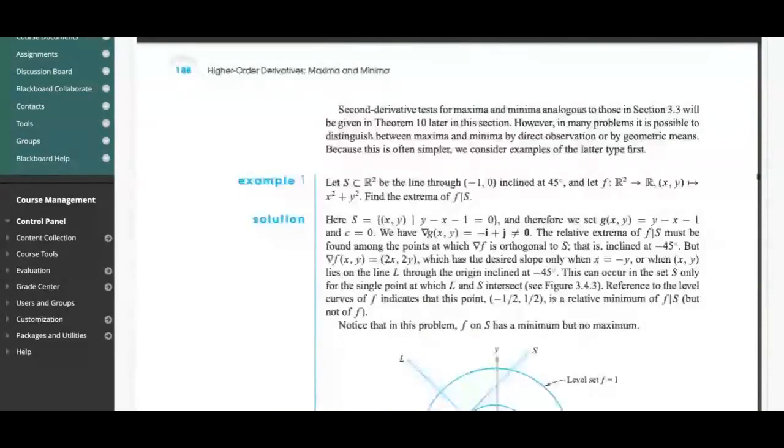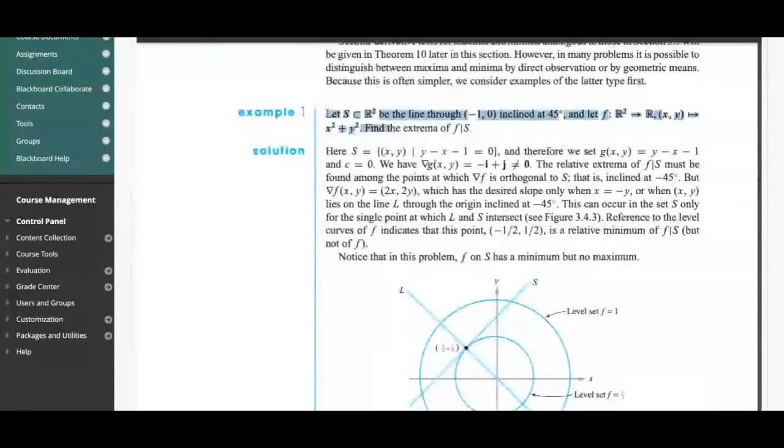Let's see an example. The surface is given, and the level set is a line through the point -1, 0, inclined at 45 degrees. Look at the picture.